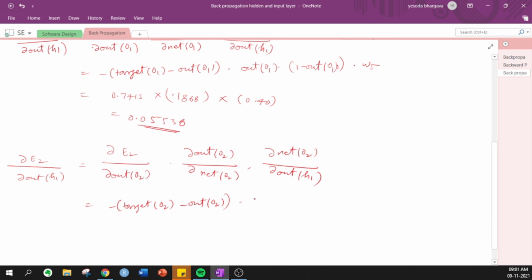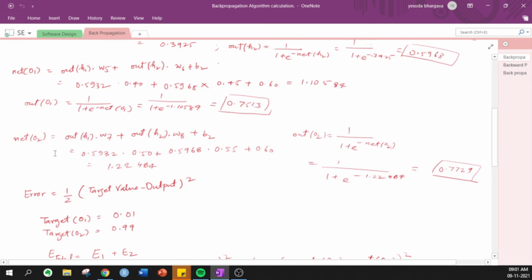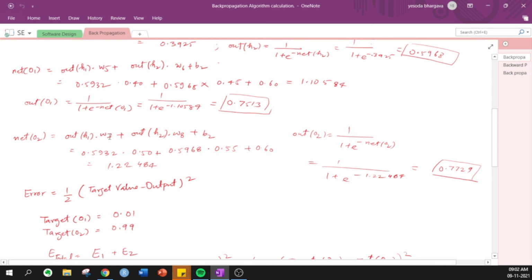Then the second derivative would be output of O2 times 1 minus O2, using the sigmoid differentiation function, and the partial derivative of net O2 with respect to out of H1. Net O2 with respect to output of H1 is nothing but W7, and W7 is 0.50.